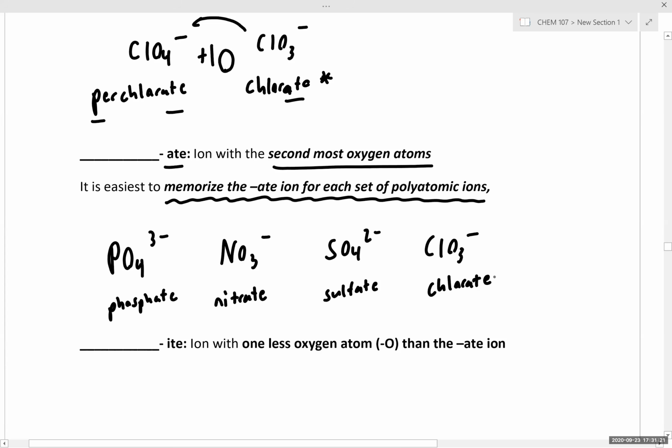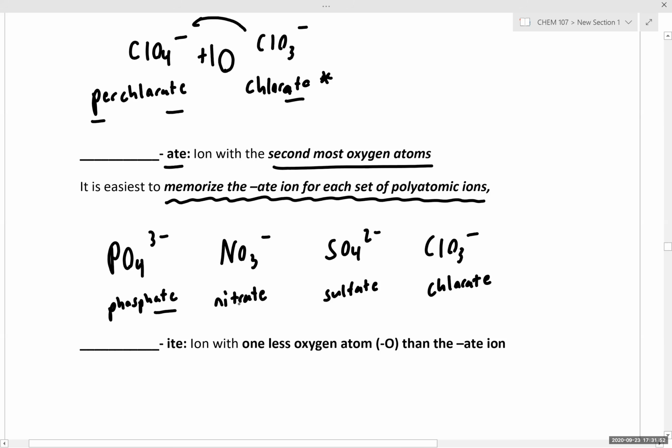The reason why I'm showing you these different formulas is that the ate, ite, and per-ate prefixes and suffixes do not indicate an absolute number of oxygen atoms. These prefixes and suffixes indicate a relative number of oxygen atoms for that ion.